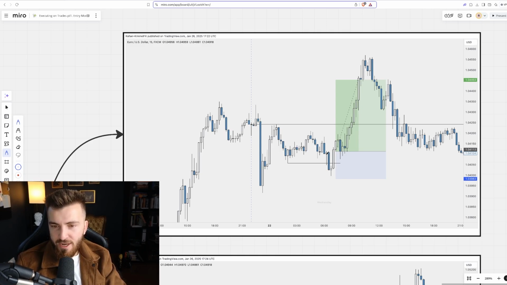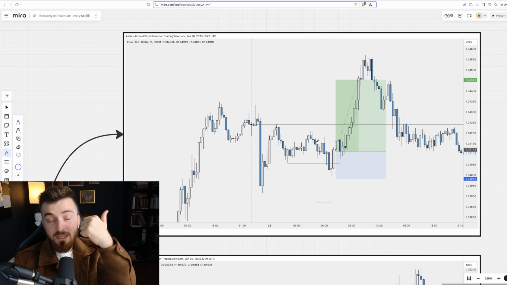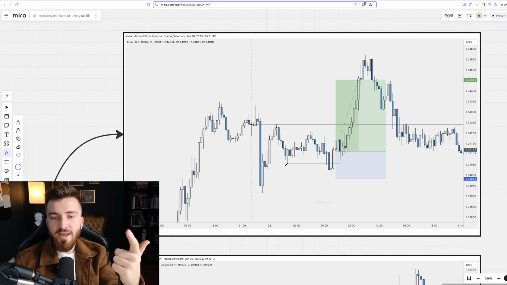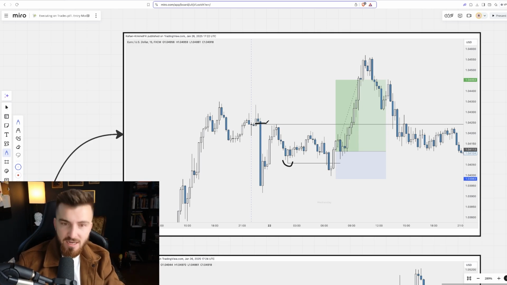After the Asia range, what do we have? An impulse lower after Frankfurt open to sweep all of these lows. So everyone that longed Frankfurt open is taking a loss. Everyone that longed during Asia is taking a loss. So everyone that longed as soon as the market opened is taking a loss.